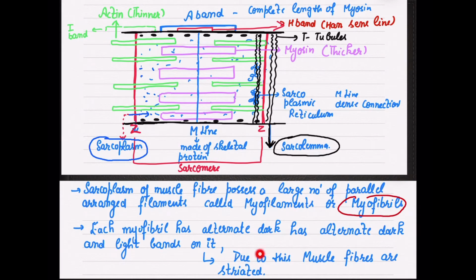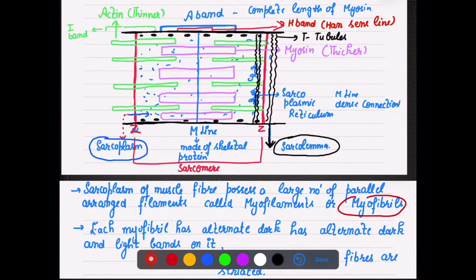That is why these muscle fibers are known as striated. What have we drawn so far? So far we have drawn the plasma membrane, and inside it we have drawn the sarcoplasm. This membrane is known as sarcolemma, and this is known as sarcoplasm.